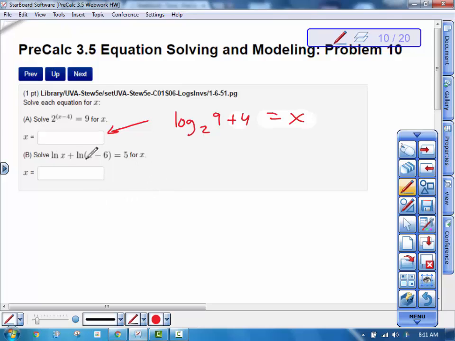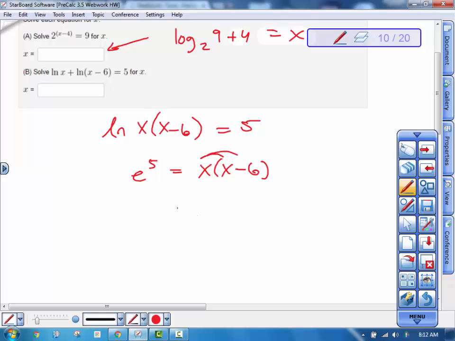The next one, I can simplify this by knowing that the sum of two logs is the log of a product. So I can rewrite it like this, and then I can do e to the 5th equals x times x minus 6. And that's a quadratic I'm going to have to solve. So I'm going to have x squared minus 6x, and then subtract this number as the constant term over the other side.